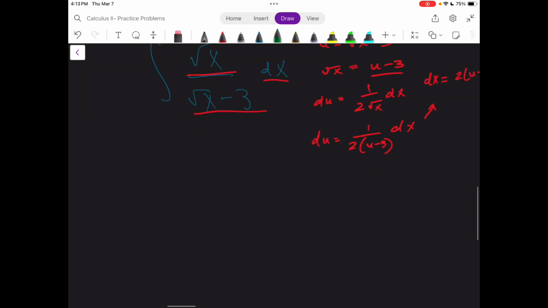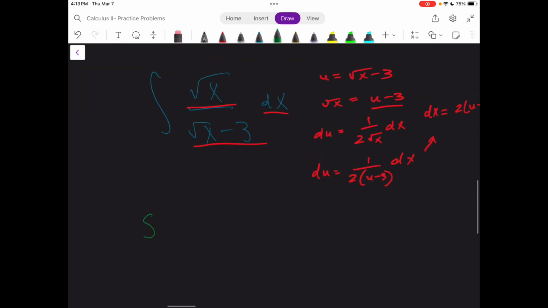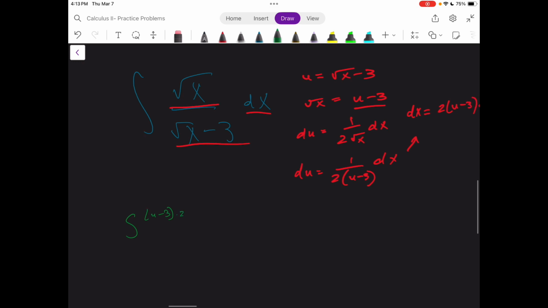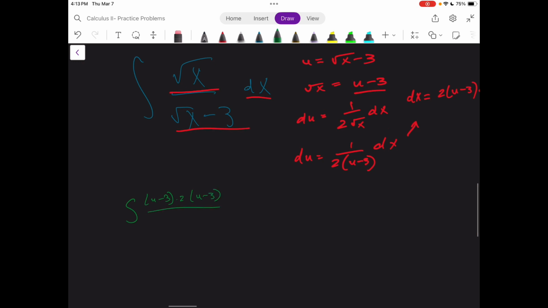So let's write it as the integral. The square root of x is just u minus 3. dx, we said, was 2(u minus 3) du, all over that denominator u. So the 2 can come out, and then we have (u minus 3) squared over u.